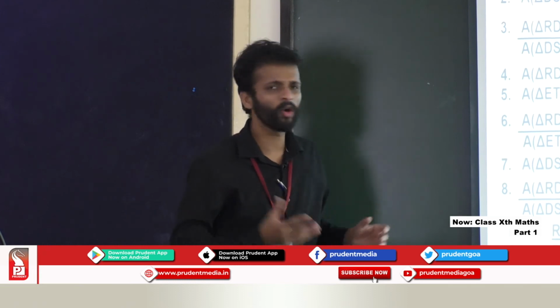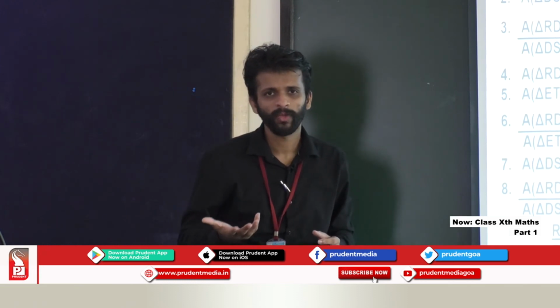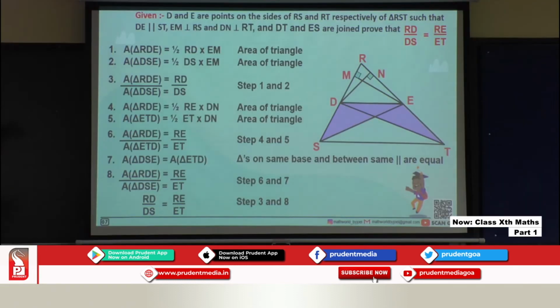Now then how do I learn the entire proof? All I have to do is chunk all those steps in bits. First, when I started the proof, I started with the first triangle which is on top, right? So all I have to do is talk about the areas of those triangles. Then I will look at it in terms of a triangle and two other triangles which are like the legs of it, right?